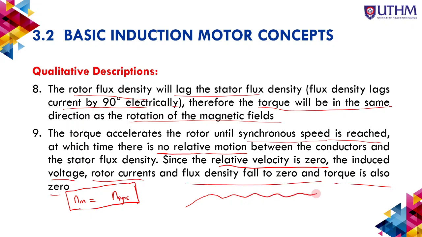However, the rotor speed will never reach the synchronous speed. It will try to catch up with the n-sync, but this will never actually happen. If it did happen, the motor would slow down, become inefficient, there would be no induction at all, and then something would go wrong.